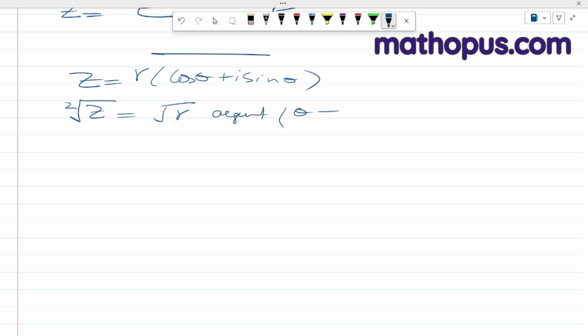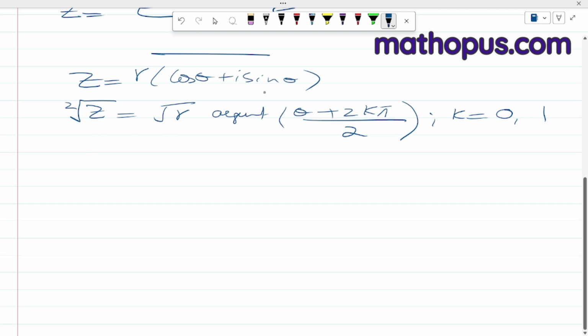The process was theta plus 2k pi divided by n, whatever root you are going to calculate. We are going to calculate the square root, so n is 2, and the values of k we are going to use are 0 and 1.